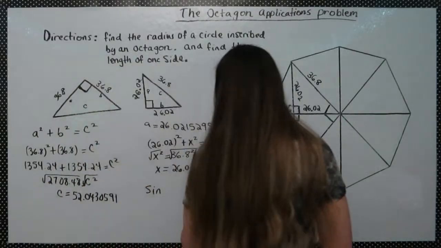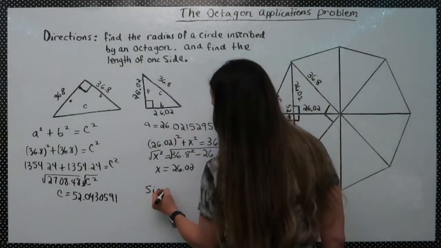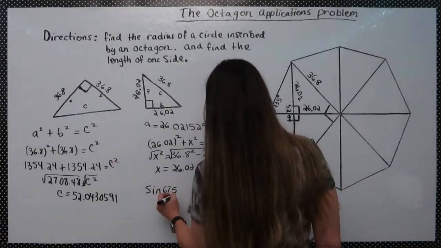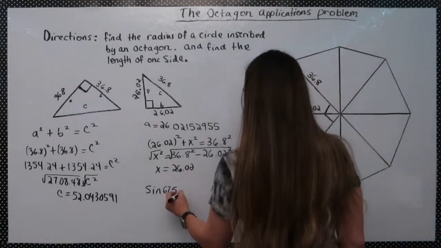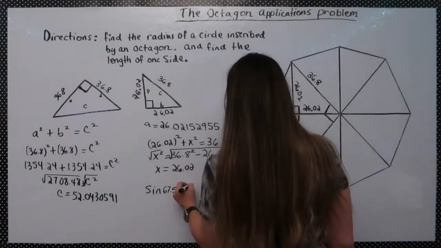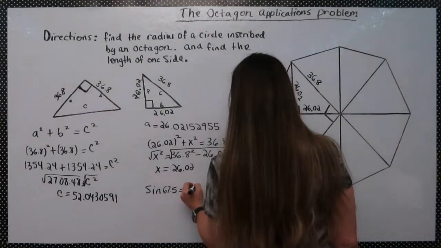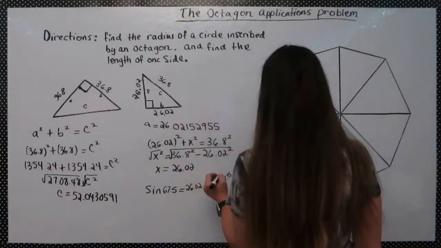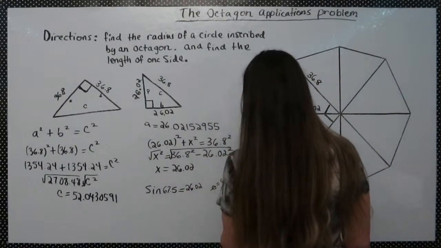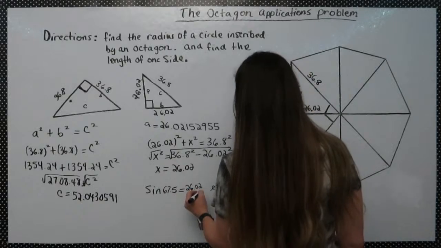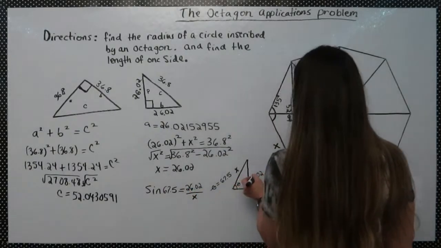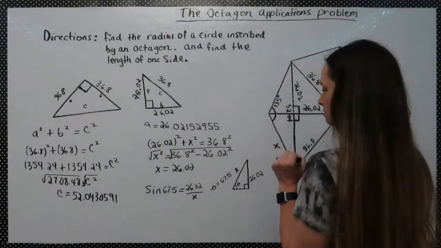So by definition, you've got sine. All right, so we're going to say sine of theta, 67.5, equals 26.02 over x, because it's opposite over hypotenuse.